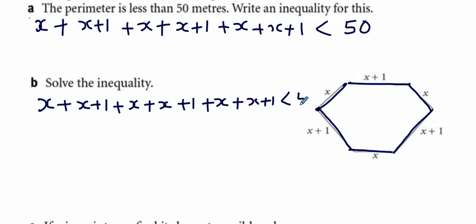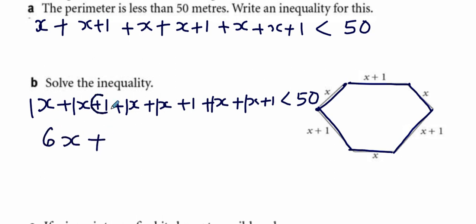That should be less than 50. 1, 2, 3, 4, 5, 6. Correct. Now to solve the inequality, we need to collect like terms. We have x plus 1x plus 1x plus 1x plus 1x plus 1x, 1, 2, 3, 4, 5, 6. So this will be 6x.